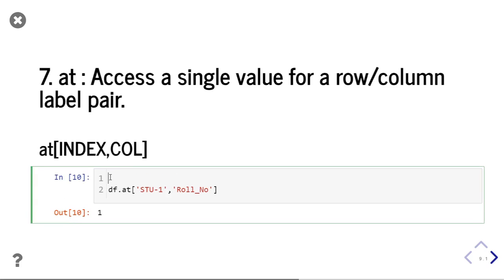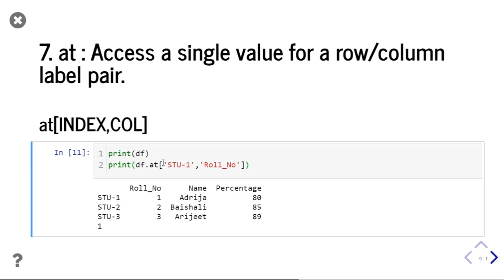Let us print our data frame, what our data frame was, and we will print this as well and see what it is giving. I am giving student 1 and roll number. So at student 1 and roll number, the value is 1. So it is returning 1. If I want to check student 1 and name, I can give name here and execute it.